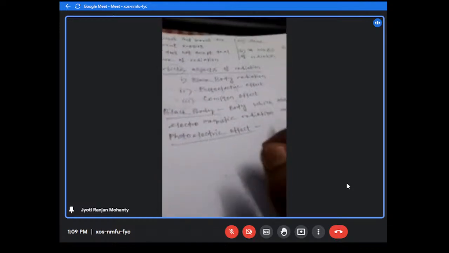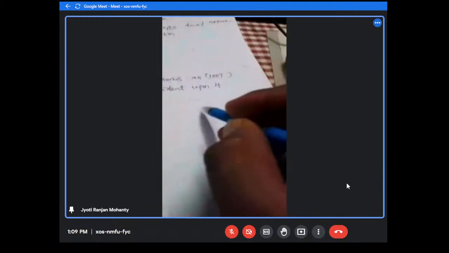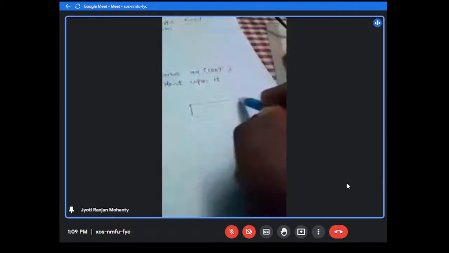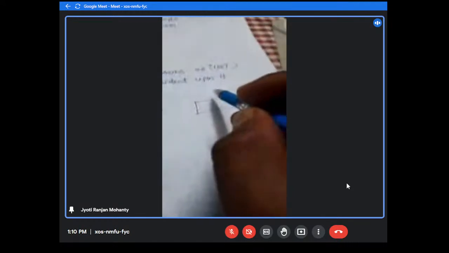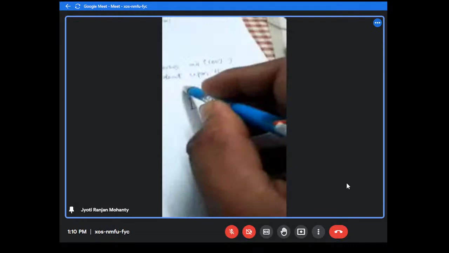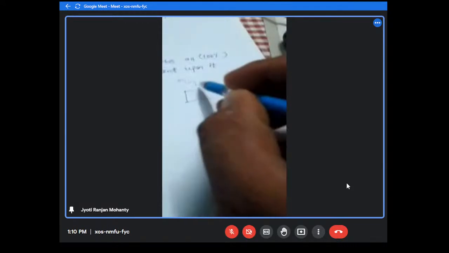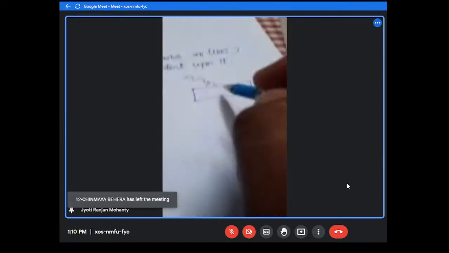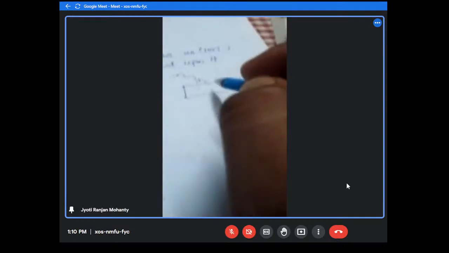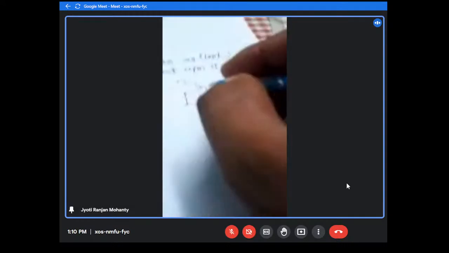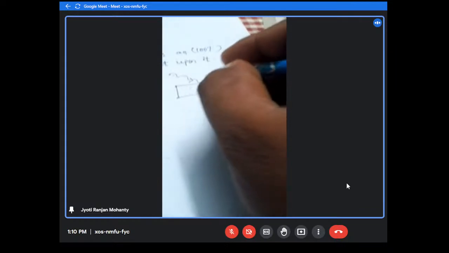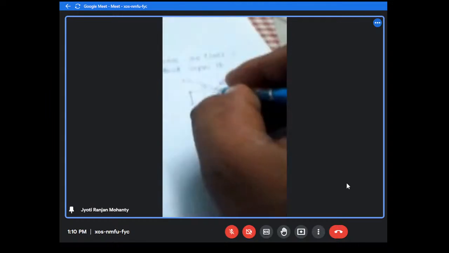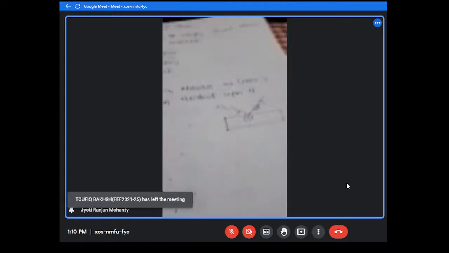So he said that, all of you look here, suppose this is a metal. If light of suitable frequency is incident upon this metal, then what will happen? The electrons will be removed from the surface of the metal. So this phenomenon is known as photoelectric effect.